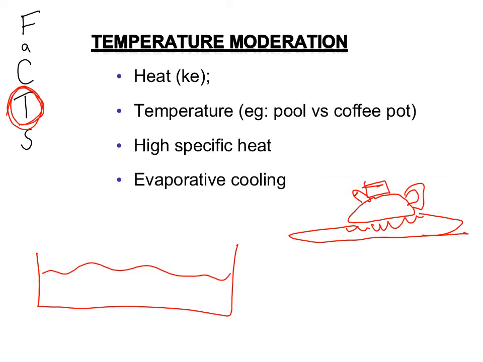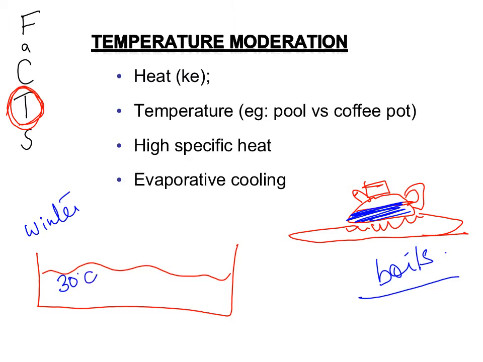Now tell me, if you put the kettle with water, let's put water here and heat it, and it boils, versus the swimming pool, which during winter is maintained at say 30 degrees centigrade.